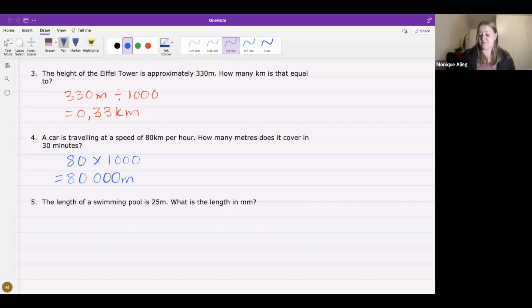So you have converted the 80 kilometers per hour to meters. So that's how many meters per hour. They want to know how many meters is covered in 30 minutes. So now that we know how much is covered in 1 hour, how can we work out in half an hour?